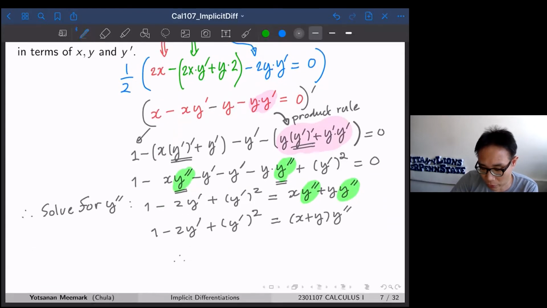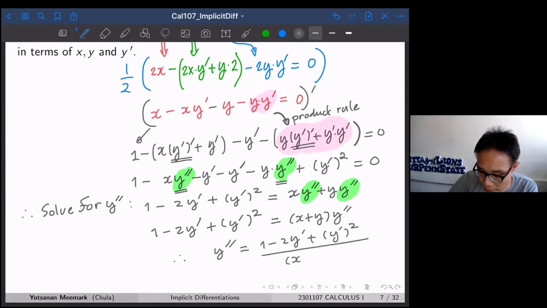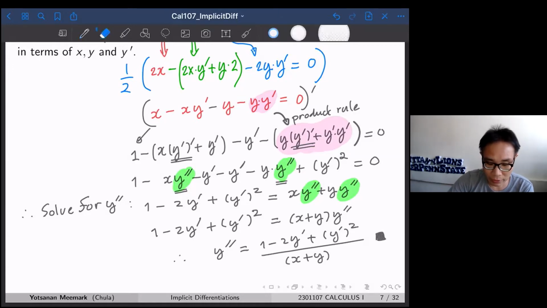So you would have y double prime equal to 1 minus 2y prime plus y prime square over x plus y, okay? And this will be your final answer. I don't need this box, sorry.